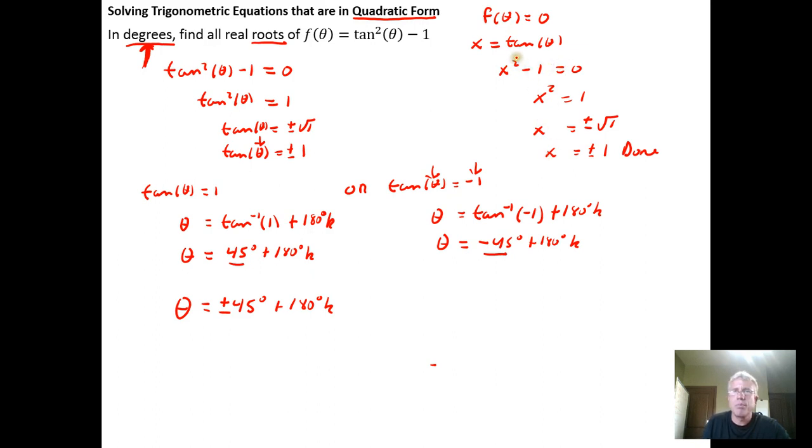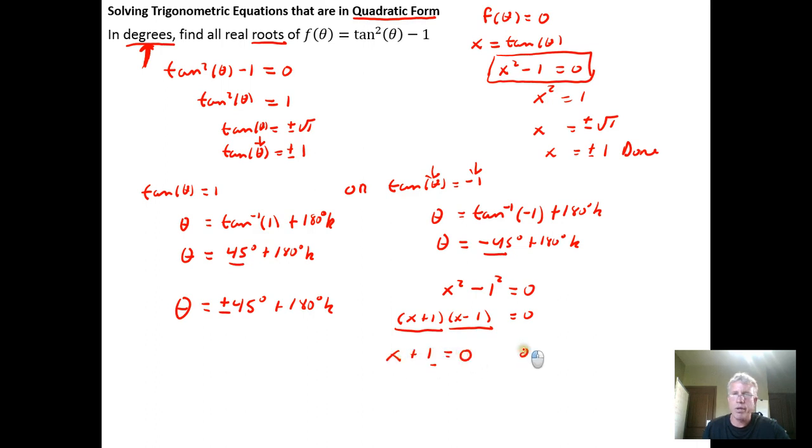However, just to point it out, if we were working with a quadratic equation that looked like this, another approach would have been to recognize that x squared minus 1 is the difference of two squares, which means it factors easily. So we could rewrite this as x plus 1 times x minus 1 in factored form, and then use the zero product property, a times b equals 0, to say x plus 1 equals 0, or x minus 1 equals 0.